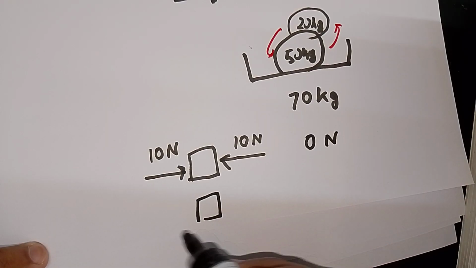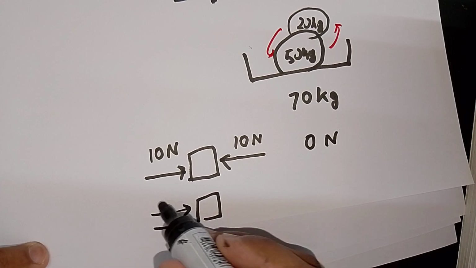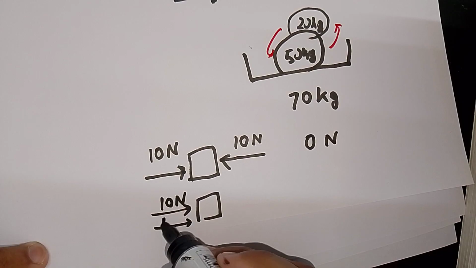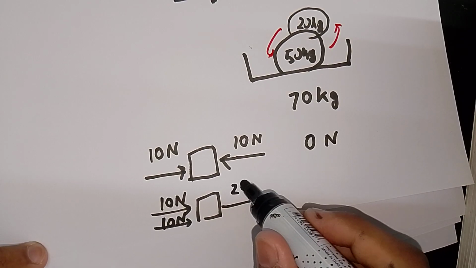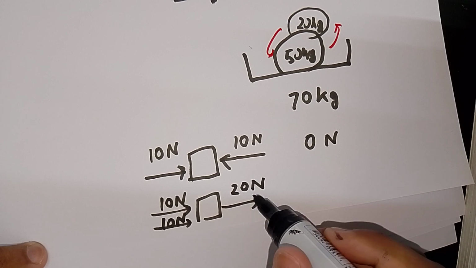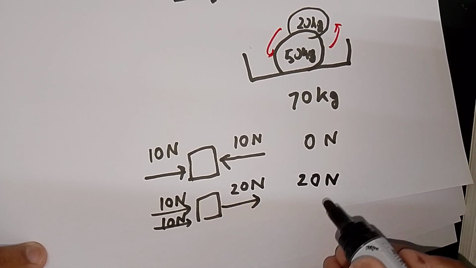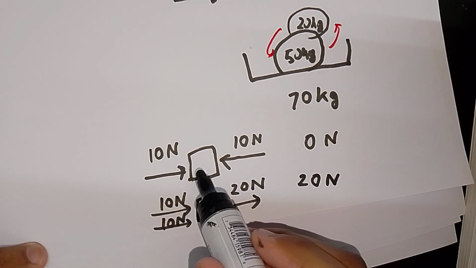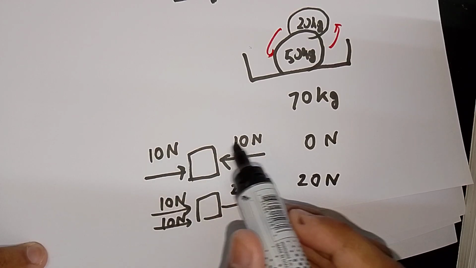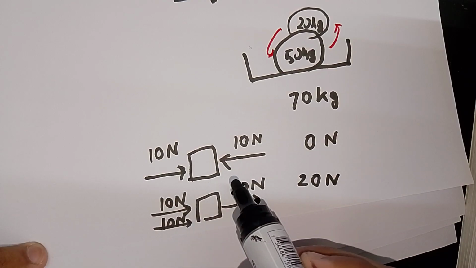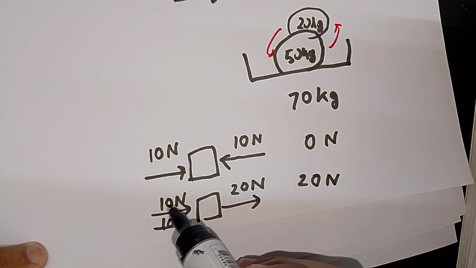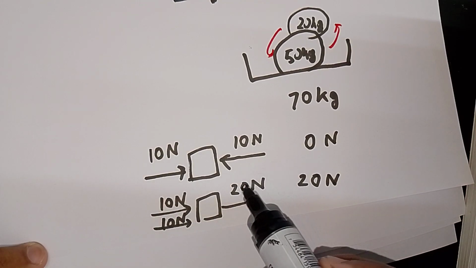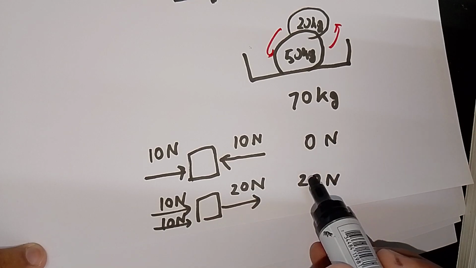However, if both people were to push it at the same time from the same direction, it would move to the right, feeling a force of 20 newtons, right? So you can already see that the value isn't all that matters, because in both cases we have 10 newtons, but the result differs.